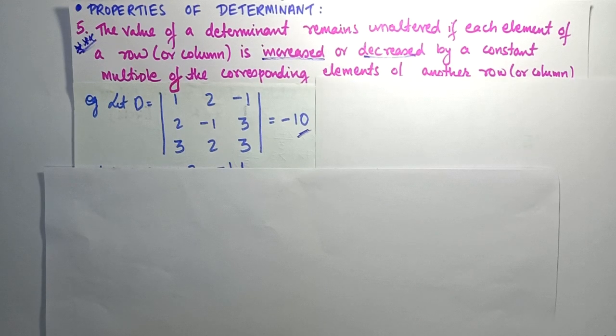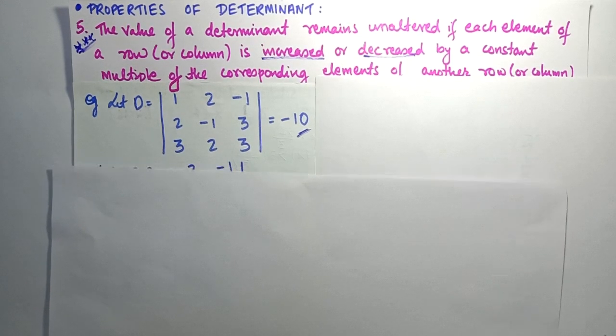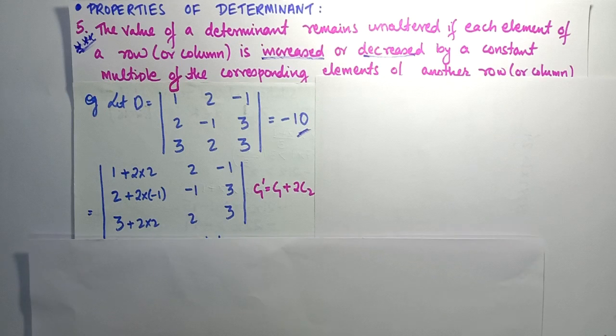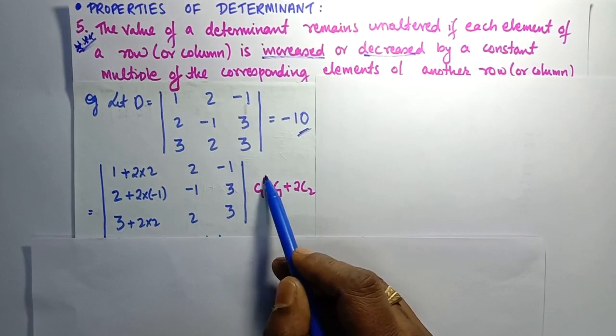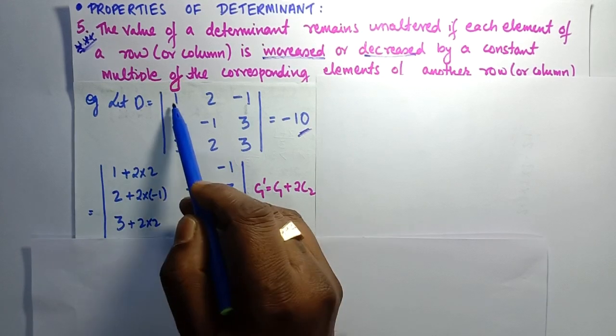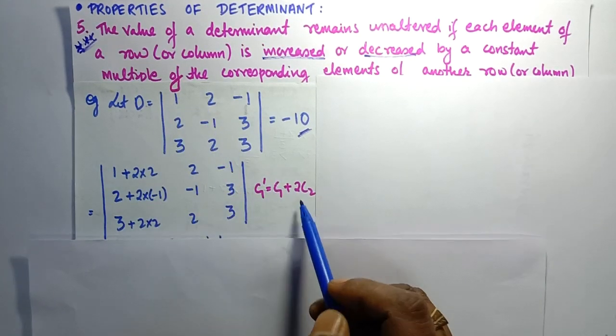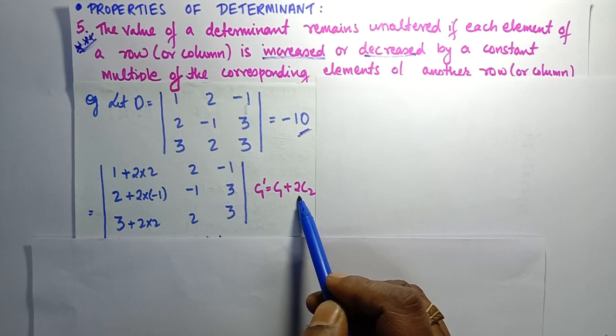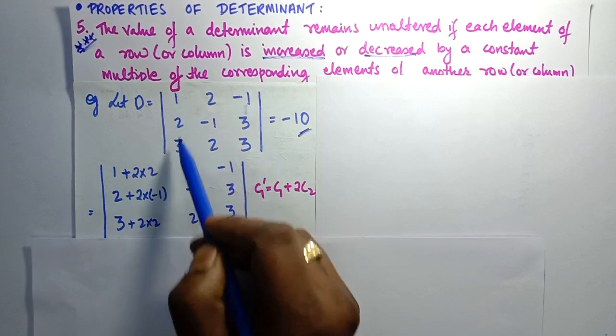So now see, you can see here, C1 dash means I am changing this first column. What I have done is this plus 2 into this, so 1 2 3 as it is.